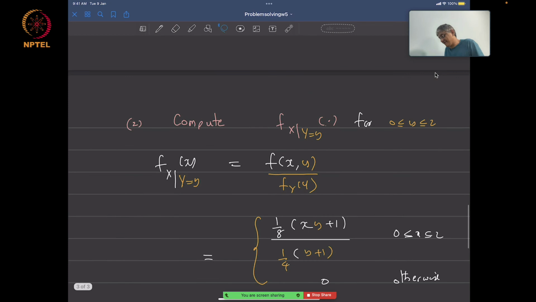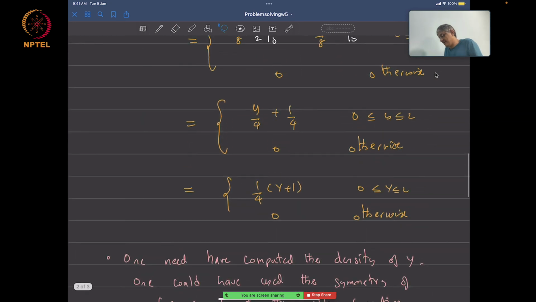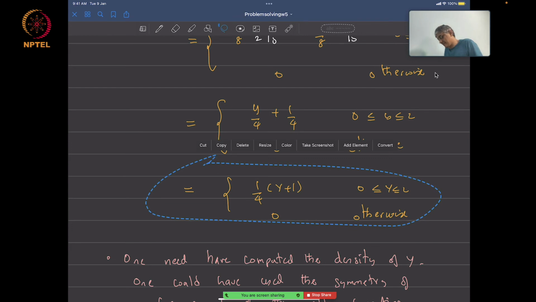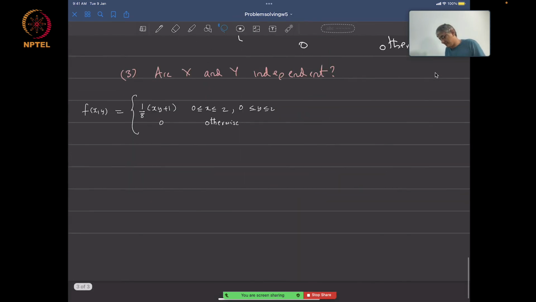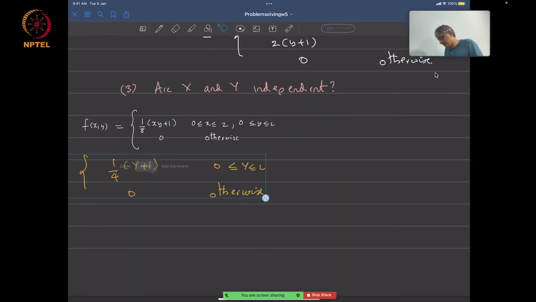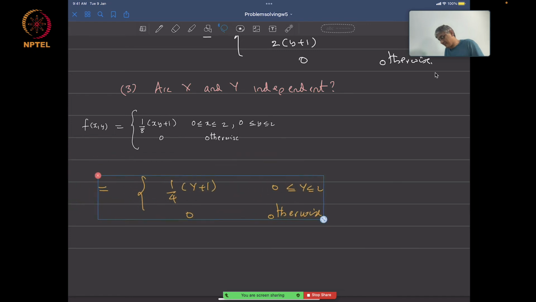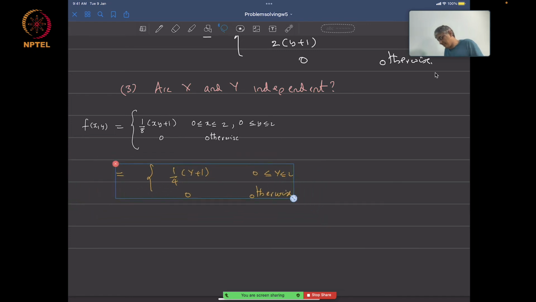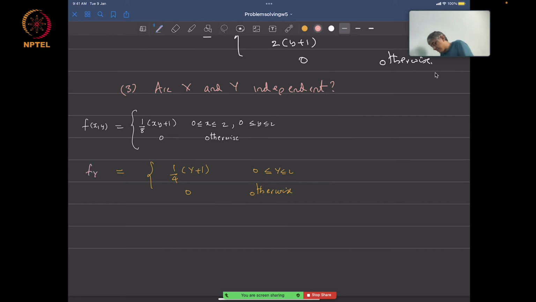Let me put f_Y on one side. This is f_Y. Make this orange so it is all consistent.